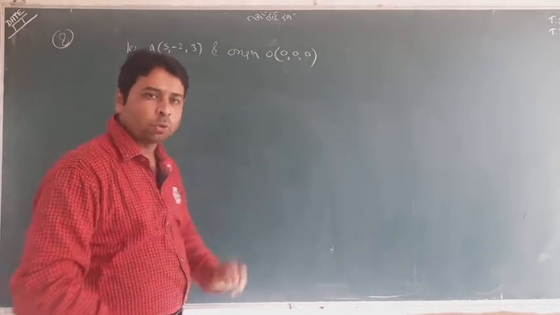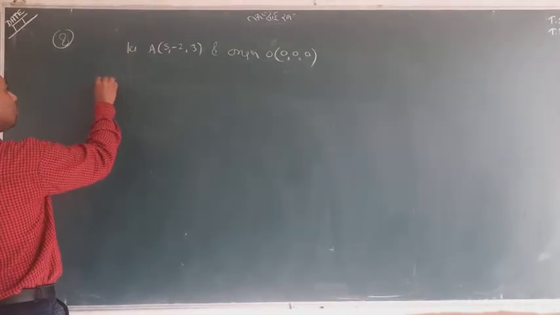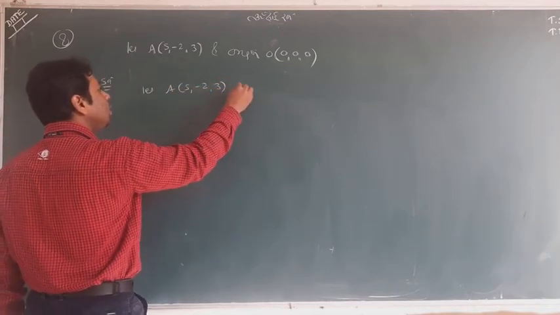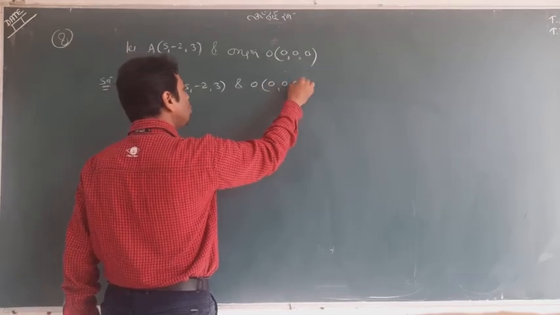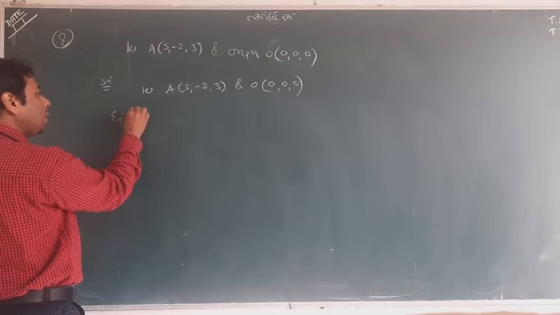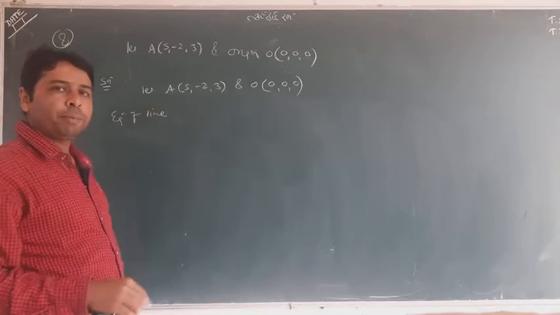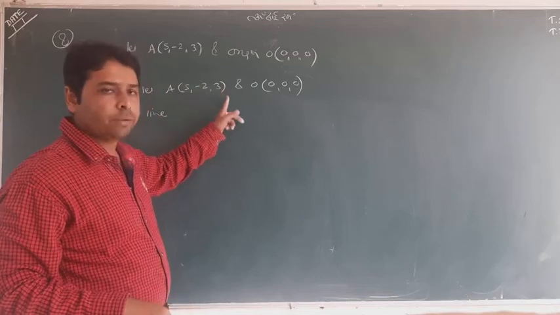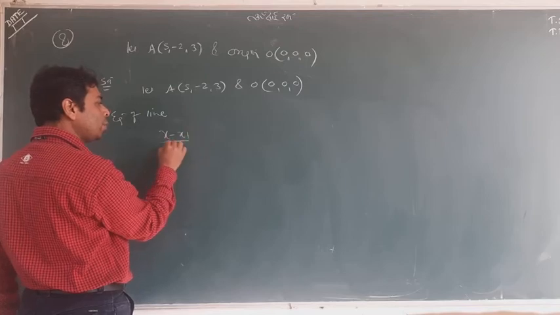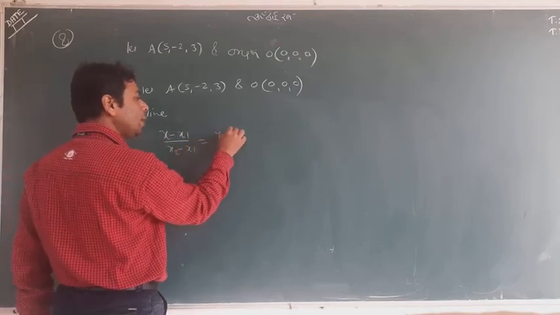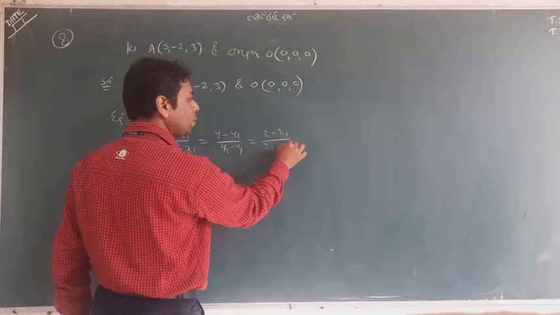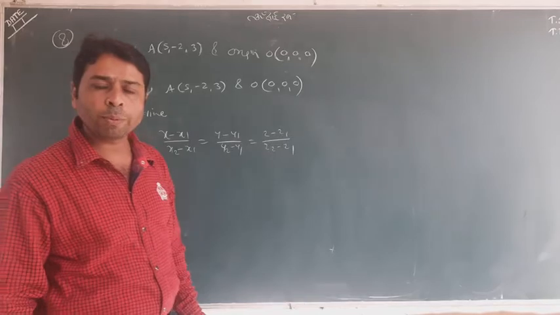Let A be (5, -2, 3) and O be the origin. The equation of the line in two-point form: this is (x1, y1, z1), this is (x2, y2, z2), and the symmetric form is (x - x1)/(x2 - x1) = (y - y1)/(y2 - y1) = (z - z1)/(z2 - z1). This is the formula for the two-point form of a line.